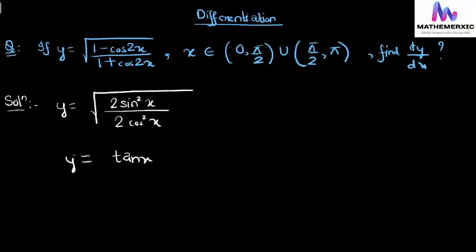and x in 0 to pi by 2. Now we are looking after modulus of tan x. Obviously it is modulus of tan x, and x here belongs to 0 comma pi by 2 union pi by 2 comma pi.